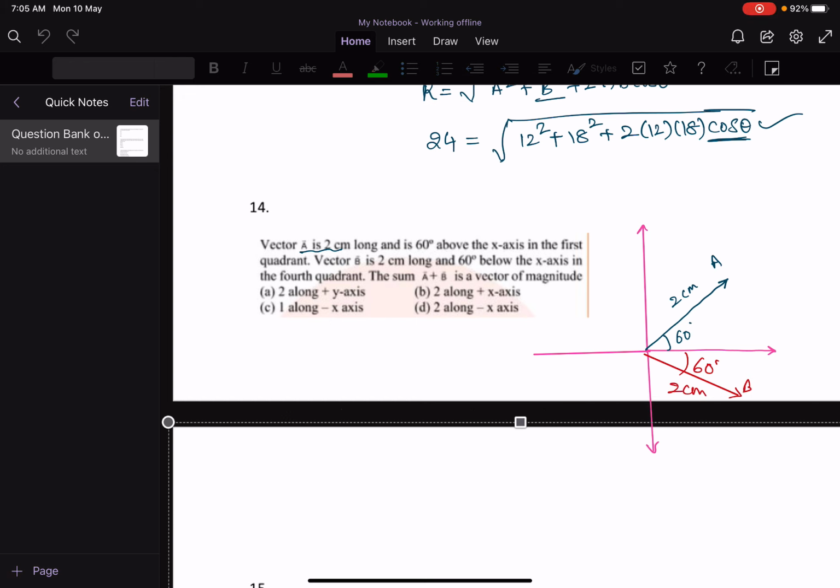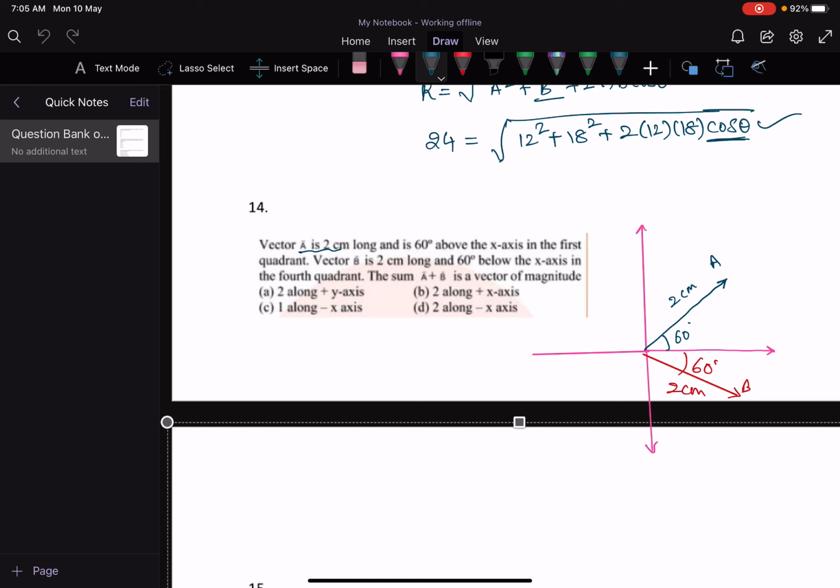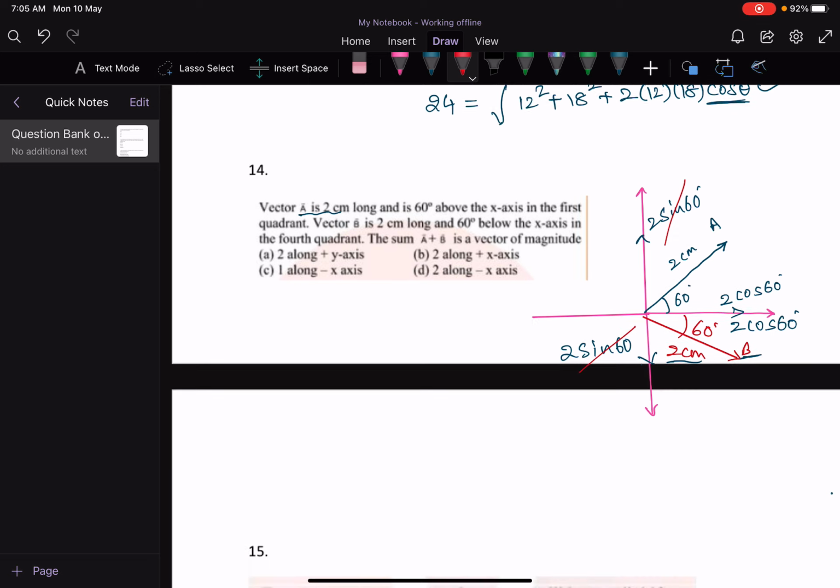Now resolve the vectors into components. The x component of A is 2 cos 60, and the y component is 2 sin 60. Similarly, the x component of B is 2 cos 60, and the y component is 2 sin 60 in the opposite direction. The y components are equal and opposite, so they cancel.